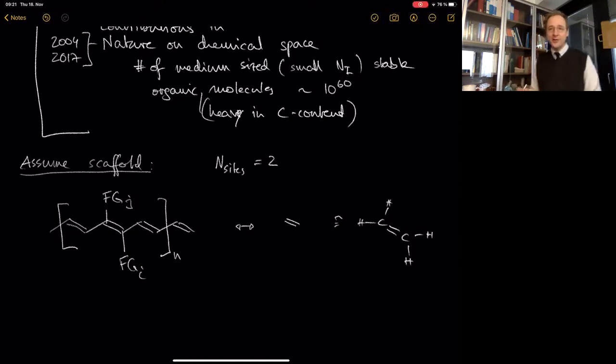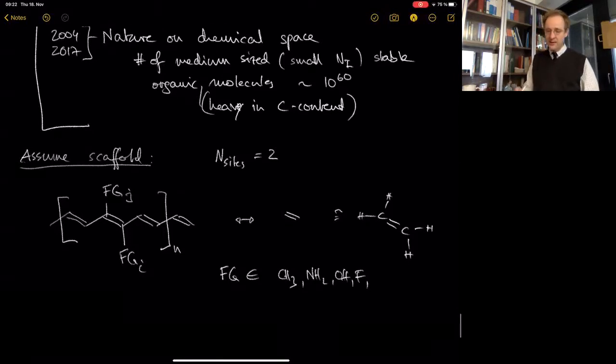So we keep the hydrogens implicit. You saturate the valencies. So you could imagine your functional groups to come from a library of permissible functional groups, right? So a functional group could be some element from, for instance, a methyl group, NH2 group, OH group, fluorine. Of course, you can extend this, right, also to other periods.